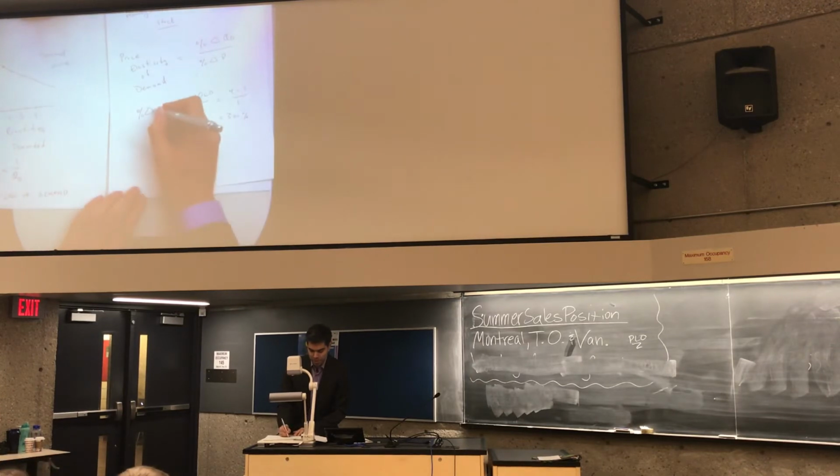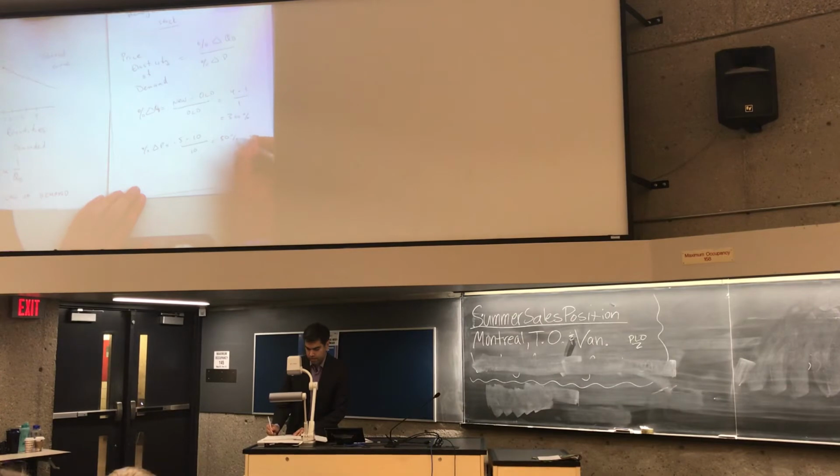So that was the percent change in quantity demanded. Now I'm talking about the percent change in price. We went from 10 to 5, so our new is 5, our old is 10, over 10. This is negative 50%.